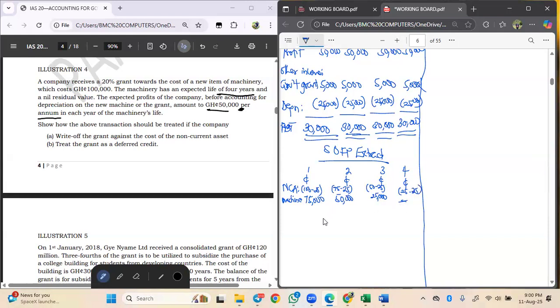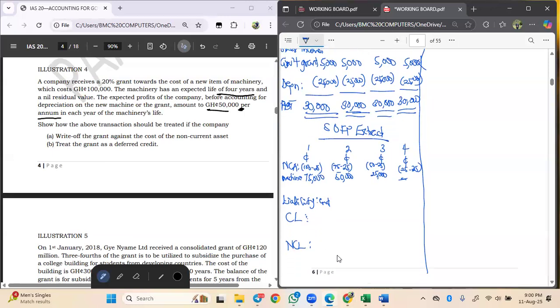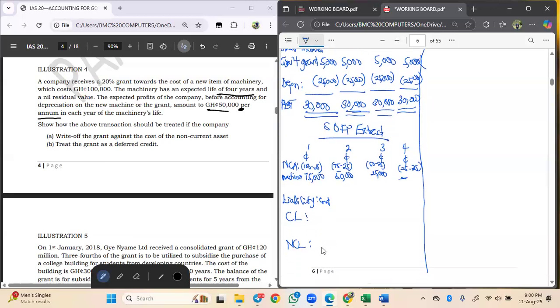Now here is the deferred approach. We are going to have the liability here: government grants. Let's split it into current and non-current portions.